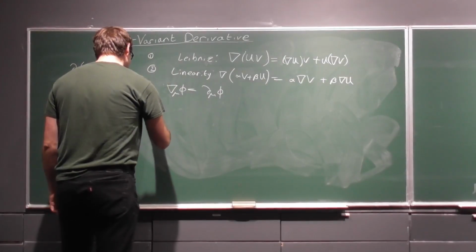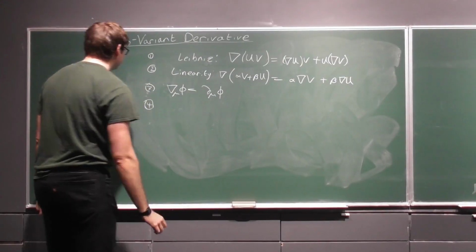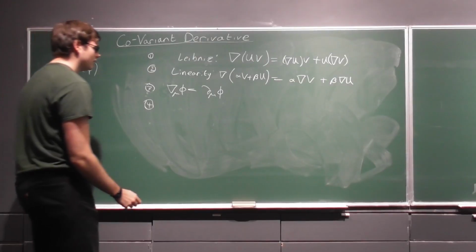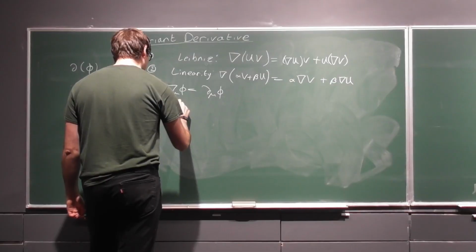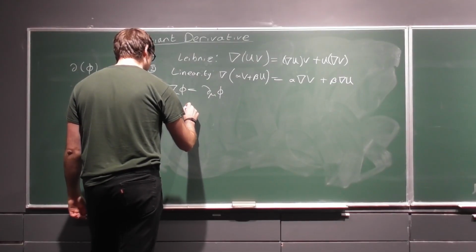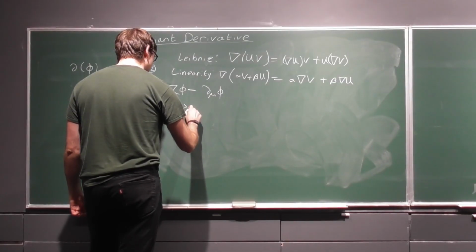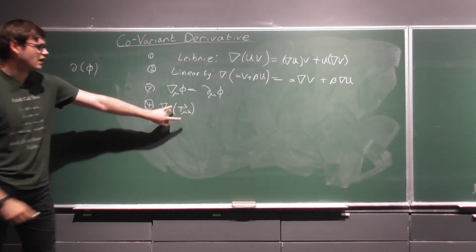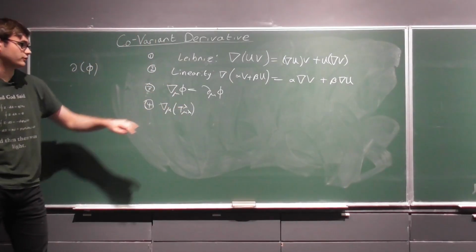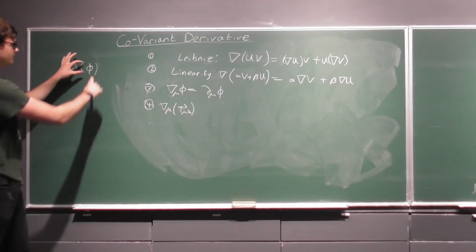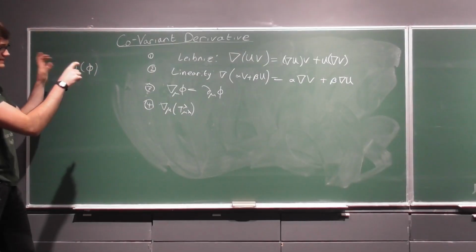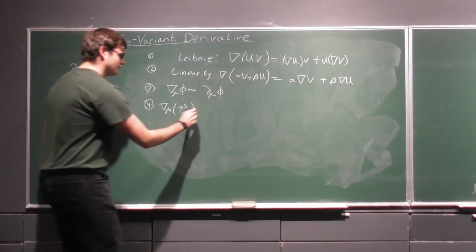The fourth one is very similar. Let's say I take the covariant derivative of a tensor, and it has some contracted indices, so there's one upper and one lower. Then when I do this, these, if they were to transform, will give me two bits that cancel, as we've seen in the previous lectures.